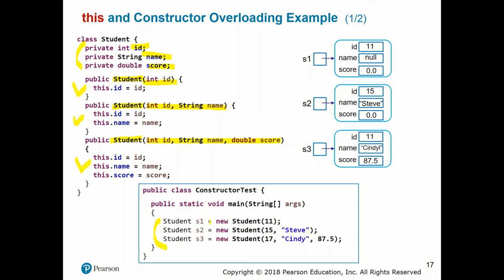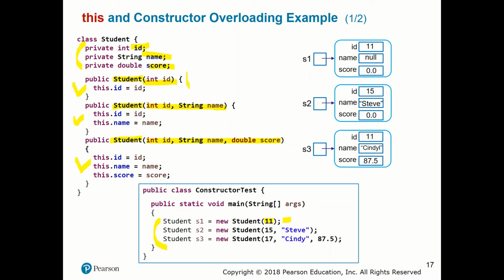At this time, when I create S1, I used the constructor that has only one parameter. Okay, then the computer sees this. There is only one integer parameter. Then the computer decides which constructor will be executed at this line. So it will be determined by the parameters, right?